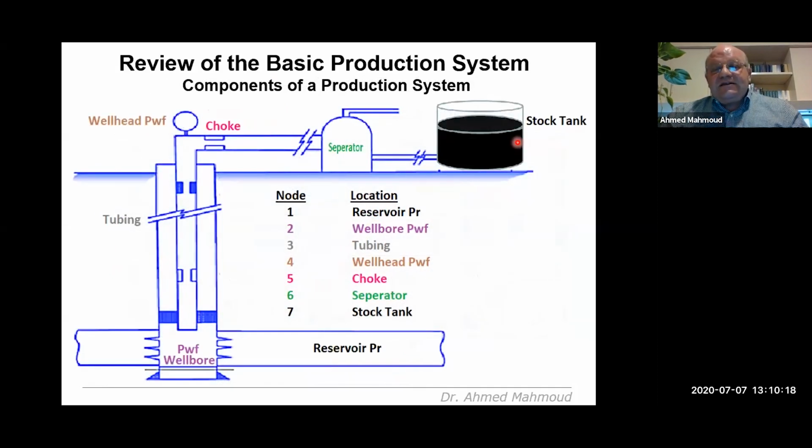Okay, so now let's take another part a little bit more in depth and review the typical production system of a simple oil well. In a simple oil well, as you all know, and I'm sure you have all gone through the typical production system, but I'll go over it very briefly. We have a reservoir in which we have confirmed reserves. We know that the oil is there.